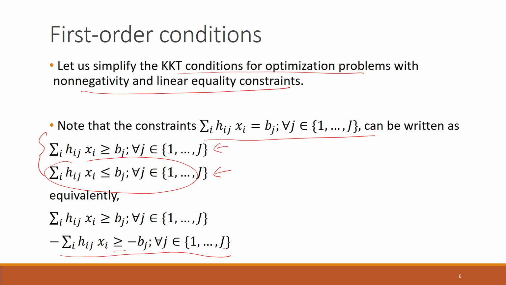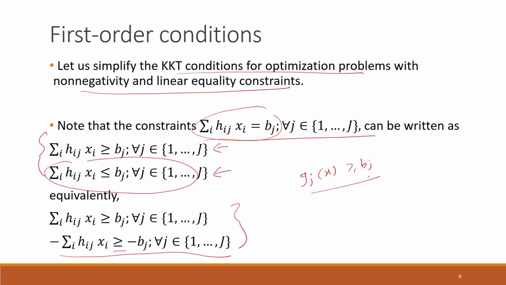Why are we converting this original linear equality constraint that we had into this form? Because the general optimization problem form that we had seen before had constraints of this form, that is gj(x) greater than or equal to bj. Okay, so we are converting this linear equality constraint into this form.